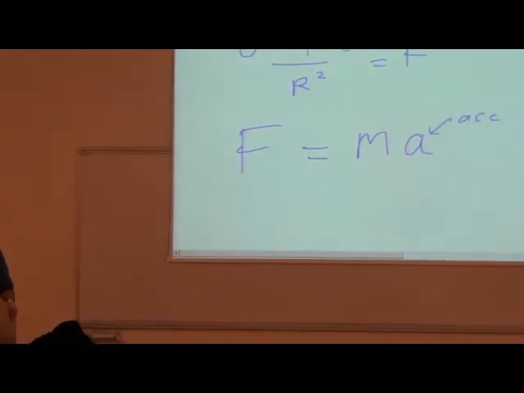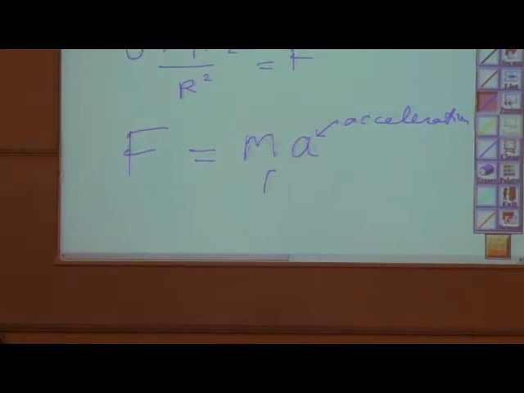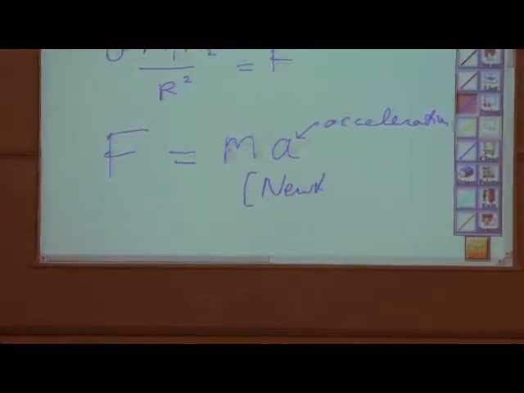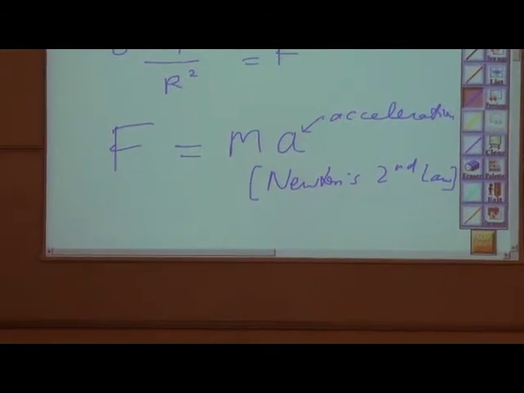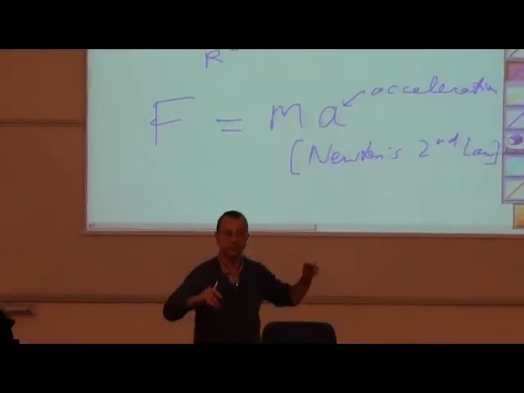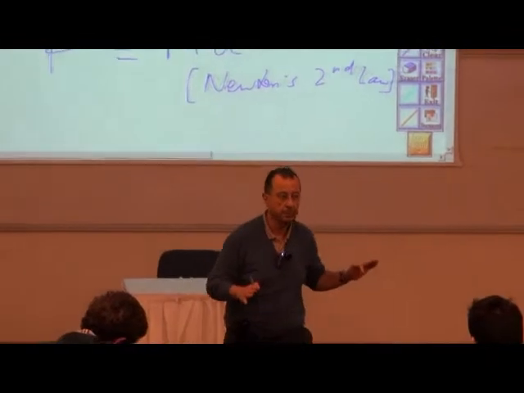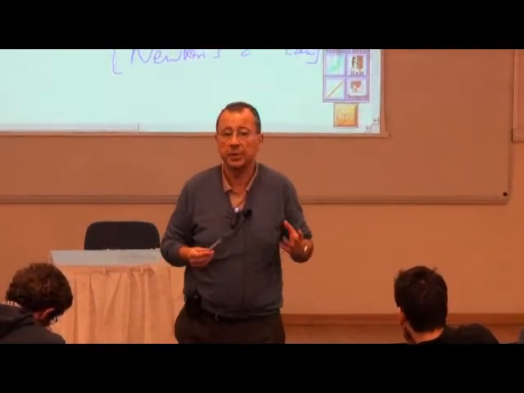This is acceleration. And this formula is Newton's second law. Again, don't try to understand it because I'm not teaching it yet. I'm just going to use it as an example. If you have never heard of it, don't worry. Okay? So F equals ma.